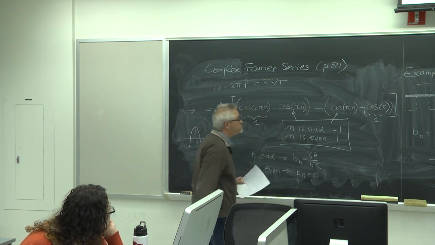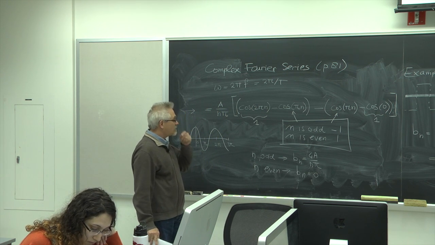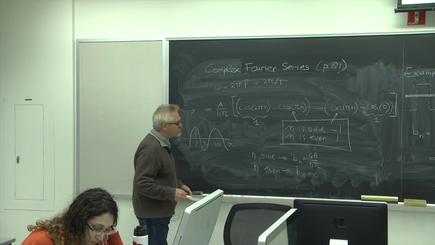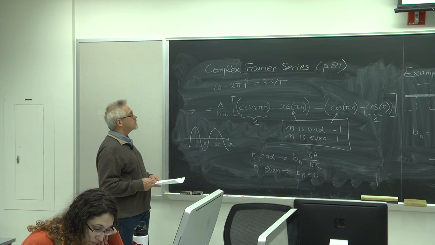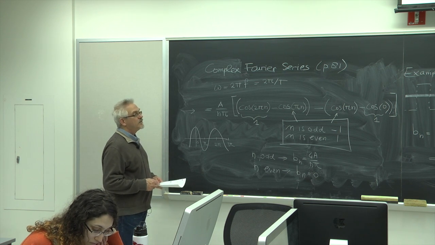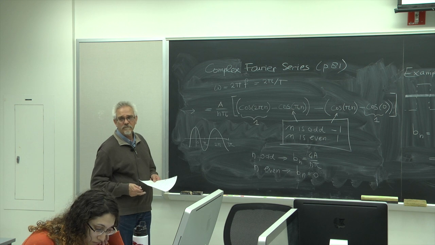So again, kind of 1 minus 1 minus 1 minus 1, and that's 0. That cancels. In the other case, it's 1 minus minus 1 minus minus 1. And then you get 4.